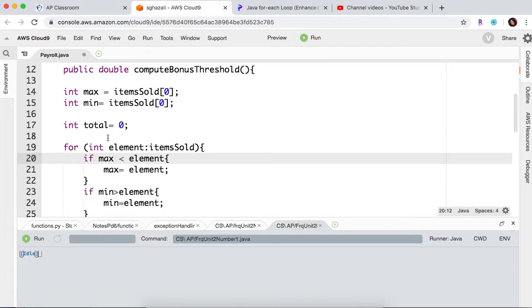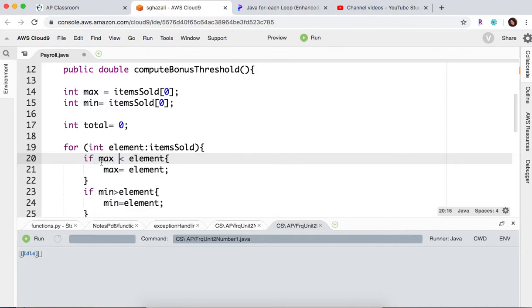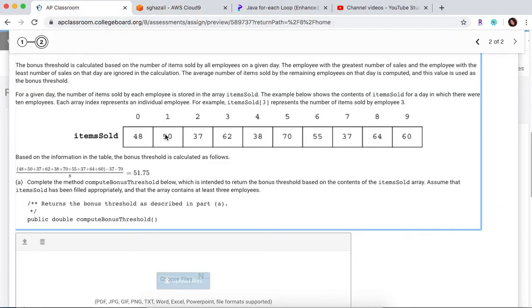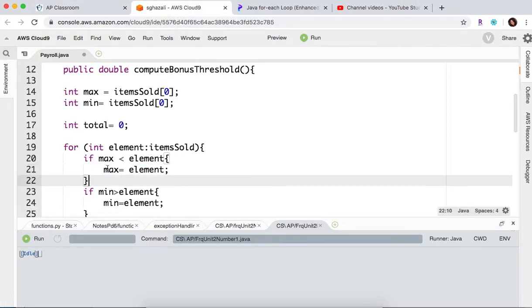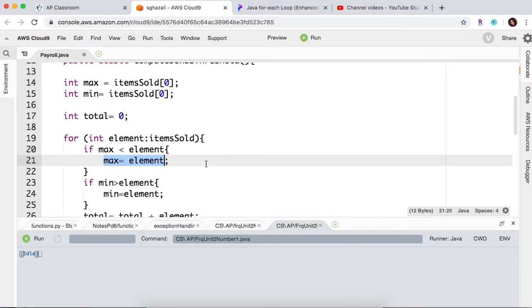If my maximum number, which right now I'm saying 48 is my max in this example, if I find that this element is bigger than my max, well, now my max is that element. So basically, I'm going through every element in my array and comparing it to my max value. And if I find something bigger than my max value, then that element becomes my max value. Again, this is a trick you should be familiar with by now.